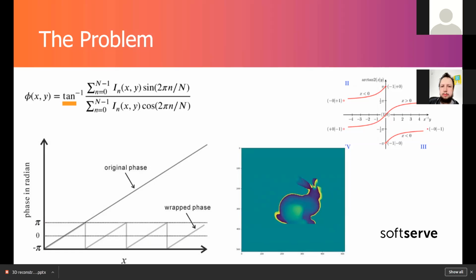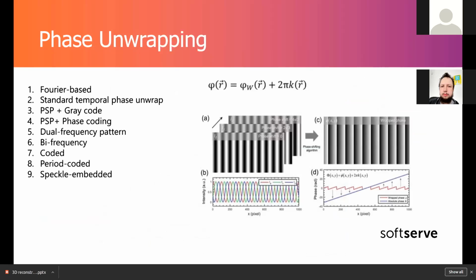There exist several techniques to restore the original phase. Very common is the Fourier-based and standard temporal phase unwrapping. Also, gray code and phase shifting: gray code actually doesn't need phase unwrapping in general, because we use triangulation to restore the depth, but it could be used as a reference for this method.